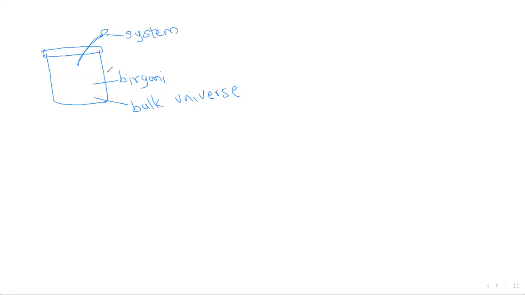And then what is the surrounding? System plus surrounding all together forms the bulk or the universe, which means the spoon, the container, and the air outside the container come under surrounding. So basically, system plus surrounding is the universe.